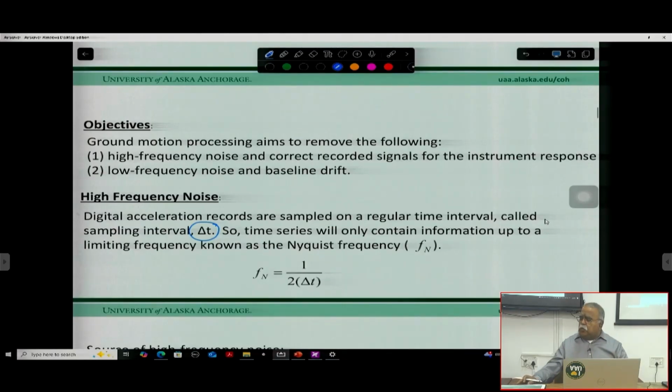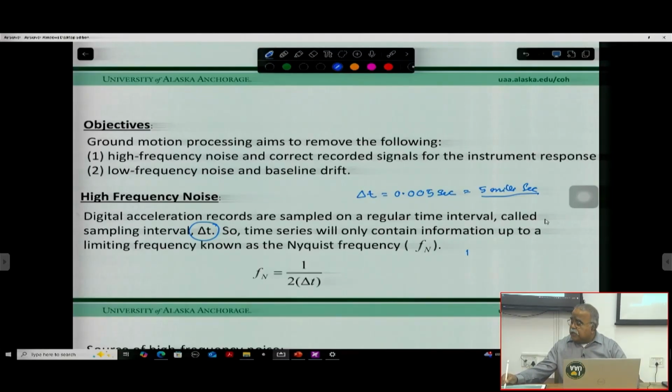In general, we will be using delta t, the sample interval, equal to say 0.005 seconds, which is a 5 millisecond sampling interval. This is usually for a strong motion record. We use that.